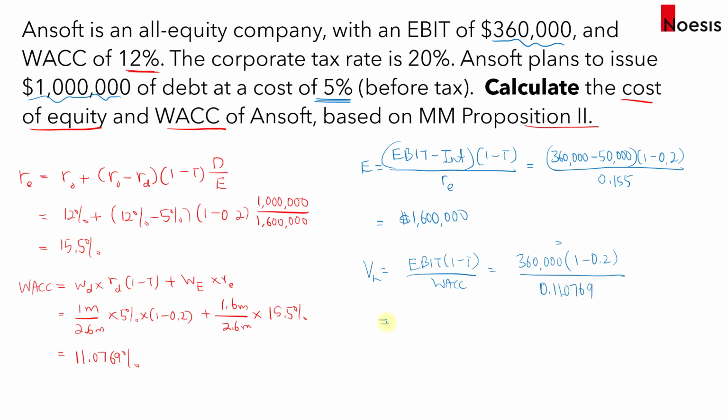If we calculate this to make sure we got the right number, it comes up to about 2.6 million, 2,605,417. There is a bit of a rounding error because we didn't use all the numbers, but it should come up to about $2.6 million.